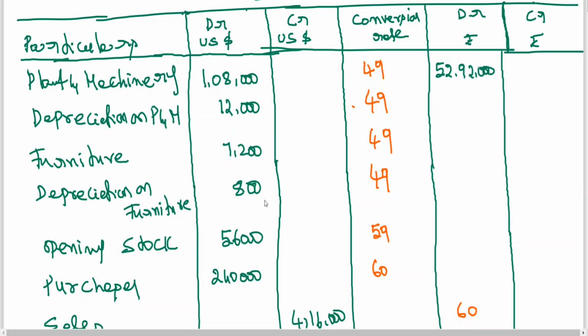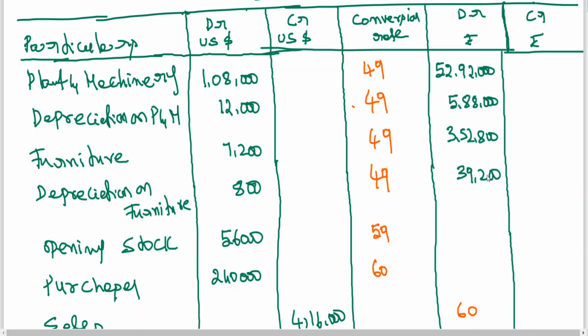Next, 12,000 into 49 is coming to 5,88,000. Then 7,200 into 49 is 3,52,800. Then 800 into 49 is coming to 39,200.